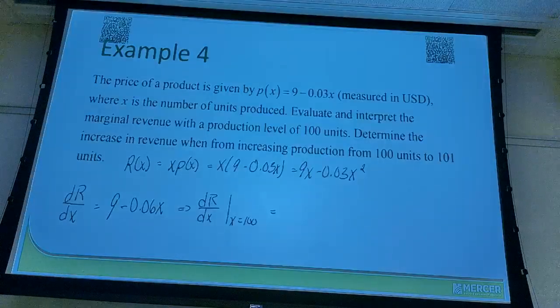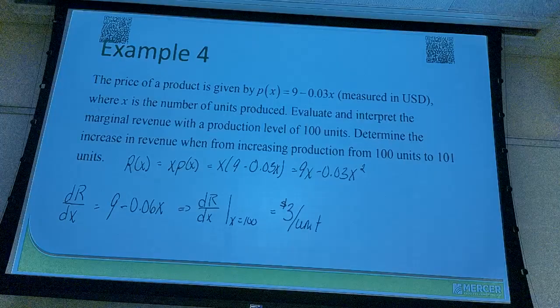Three? Yeah, 3 what? $3. 2 units? No, it's a rate of change. Oh, it's dollars divided by units. Not divided by percent. For the $3 per unit is your marginal revenue. It means you gain $3 when you go to 101 units.